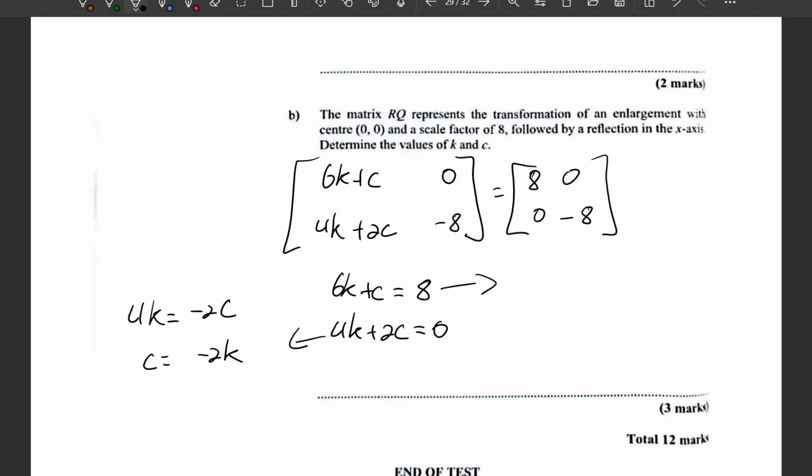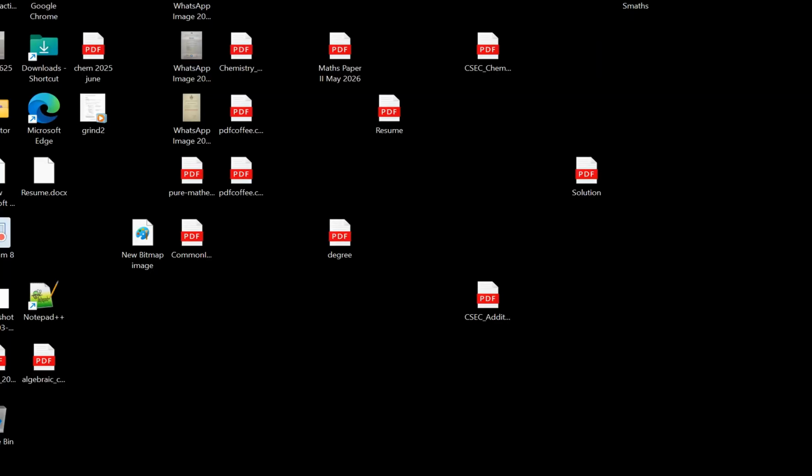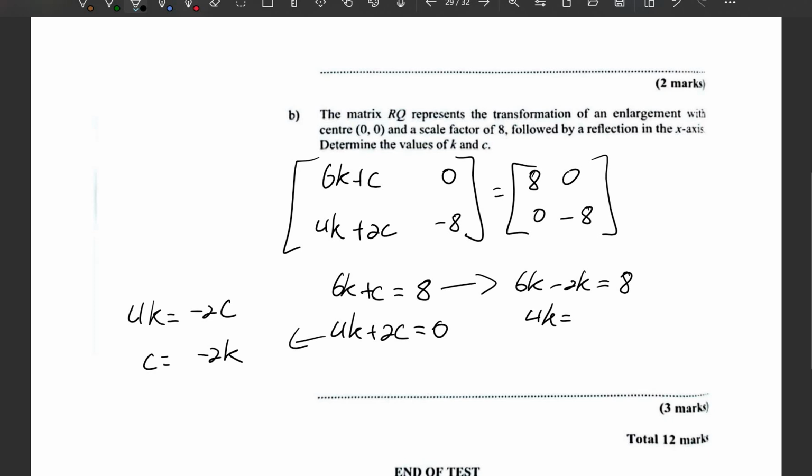Wherever we see C, we write minus 2K. So 6K minus 2K is equal to 8. Therefore, 4K is equal to 8, so K would be 2. And if K is 2 and C is minus 2K, then C must be minus 2 by 2, which is minus 4. Therefore, K is going to be 2 and C is going to be minus 4.